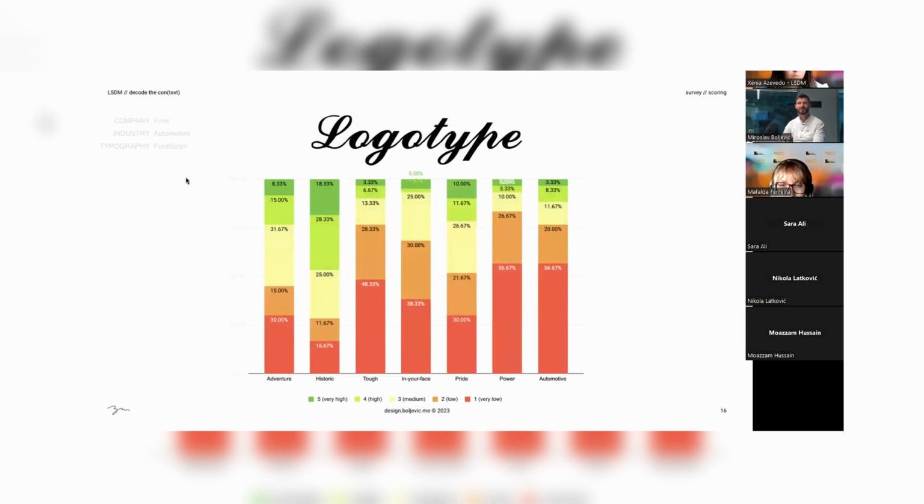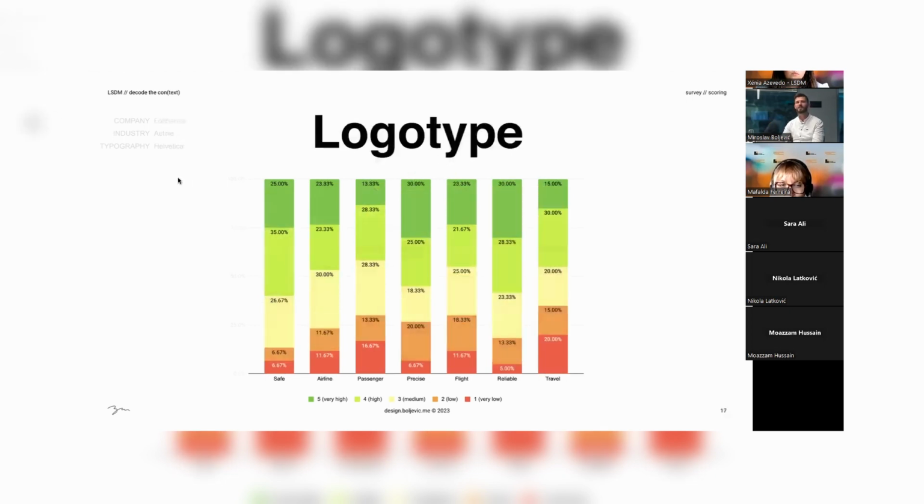Overall, Ford's typography was rated worst on the appropriateness scale for these keywords that you see: adventure, historic, tough, in your face, pride, power, and automotive. Interestingly, Lufthansa's typography was overall rated best on the appropriateness scale for these keywords that you see on your screen.